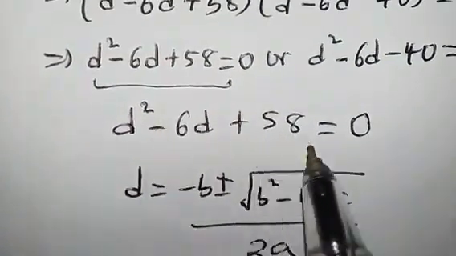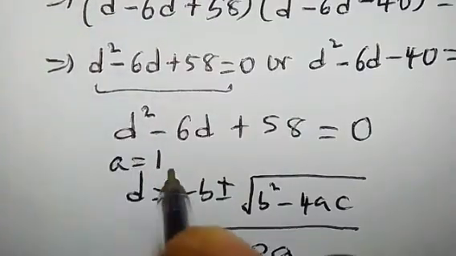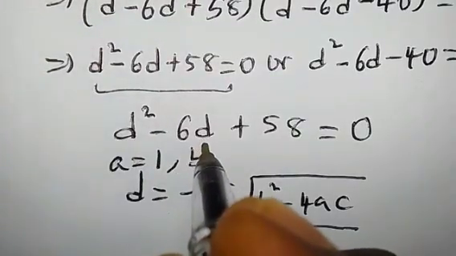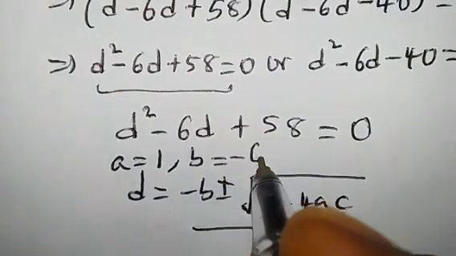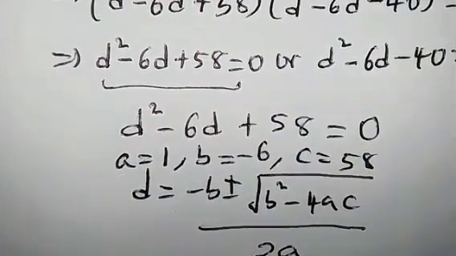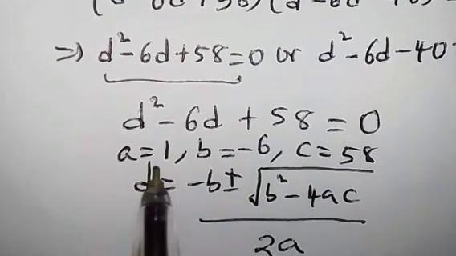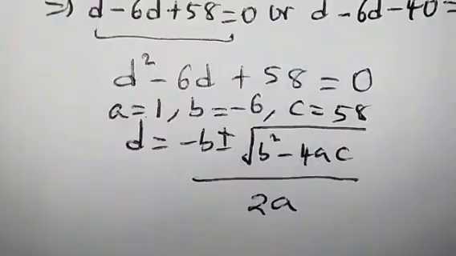From this equation, it is obvious that a = 1, the coefficient of d^2, b = −6, and c = 58. What we have to do now is plug in all these values into the right hand side.